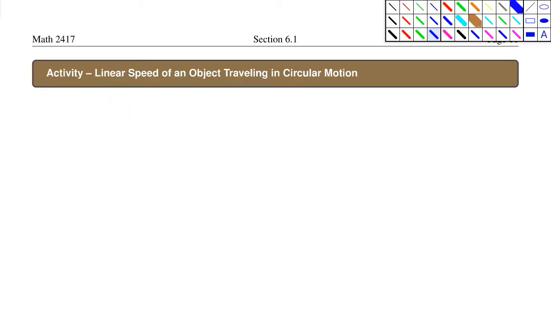Activity number 2 involves linear speed of an object traveling in a circular motion. So basically, if you have a circle here, and an object that is on the circle and traveling around it, I have to draw it sort of outside the circle so that you can see it.